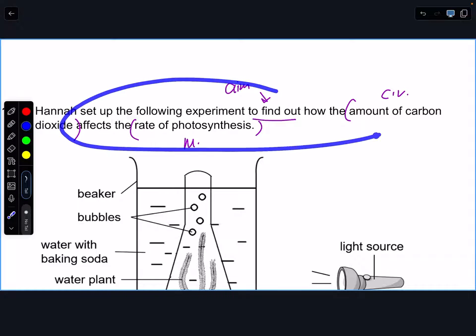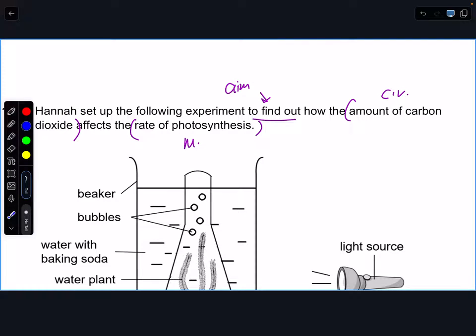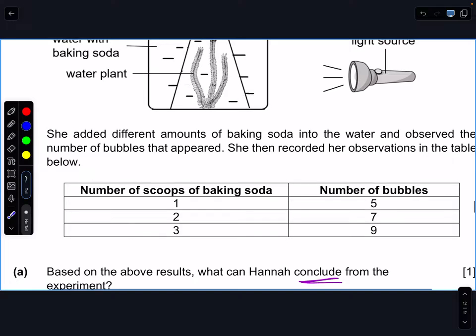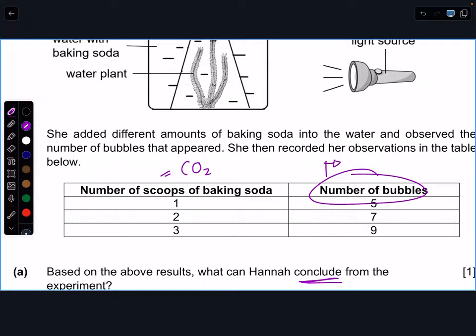So your aim is this. What is your conclusion? So in it, I must say amount of carbon dioxide. So number of scoops actually equals carbon dioxide. So the more number of scoops means the more carbon dioxide, isn't it? Okay, and then how come there are more bubbles? This is your oxygen. Your oxygen is equivalent to photosynthesis, isn't it? Something that we learned.